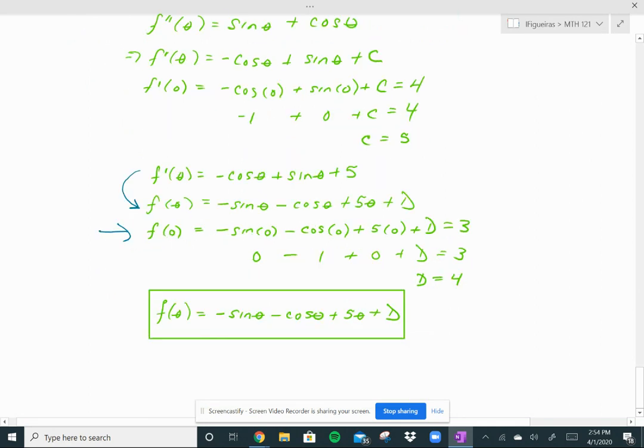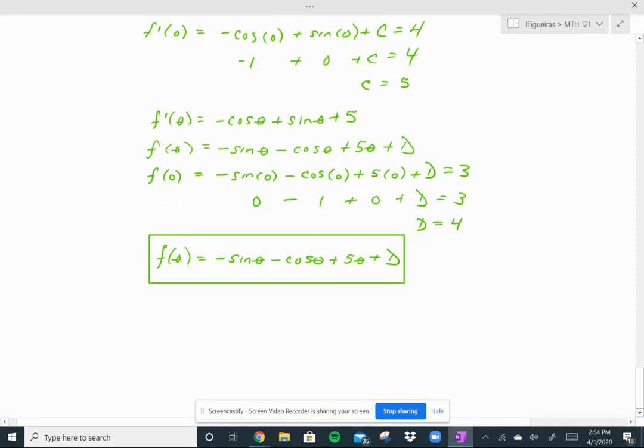So negative sine of 0, well, that's equal to 0. Minus cosine of 0, well, that's minus 1. 5 times 0 is 0 plus d. Solving for d means you have to add 1 to both sides. So you get d is equal to 4. So your final function is f of theta equals negative sine of theta minus cosine of theta plus 5 theta plus 4.